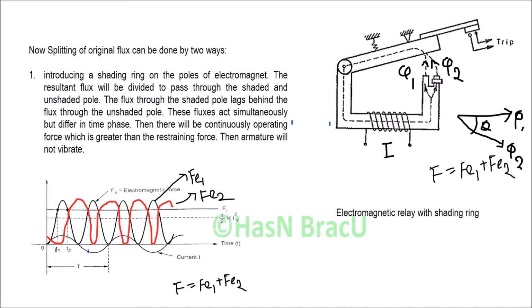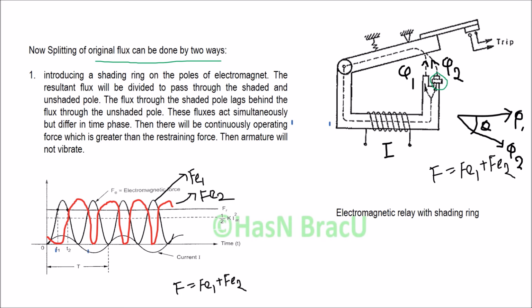Now the splitting of original flux can be done in two ways. Number one, introducing a shading ring on the poles of electromagnet. If we introduce a shading ring on the pole of electromagnet, then we can get the split of original flux.